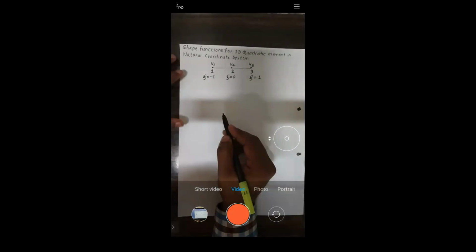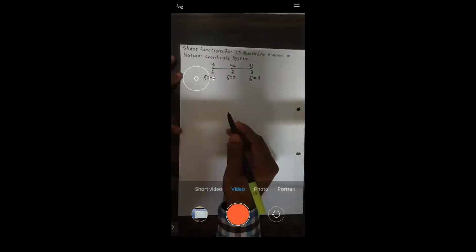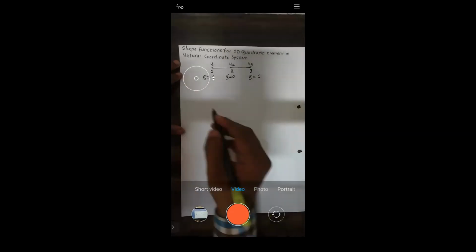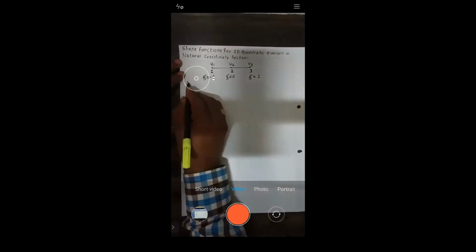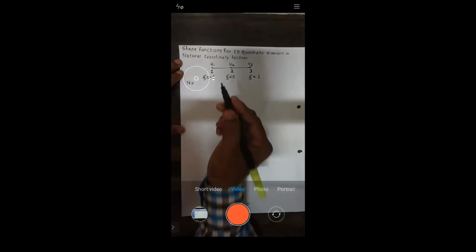So now can you write down the overall shape function N?